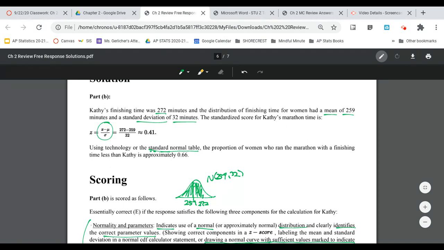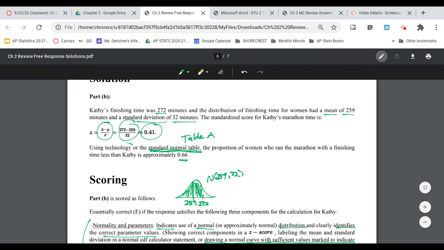Here, they showed the equation. Again, you're going to write it out in words because we're not to the notation bit yet. They showed their work so they could match up what got plugged in where, and they gave a correct answer. And then they said, using the standard normal table, that's table A, to be clear. So by saying in your work that you use table A, it is hitting that for getting to your final percentile.